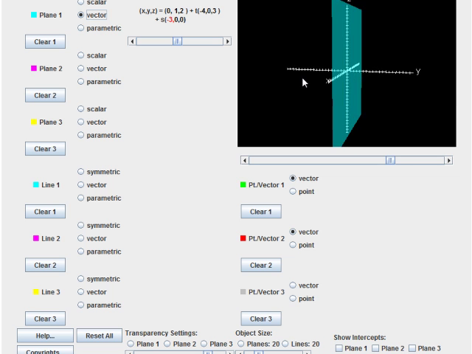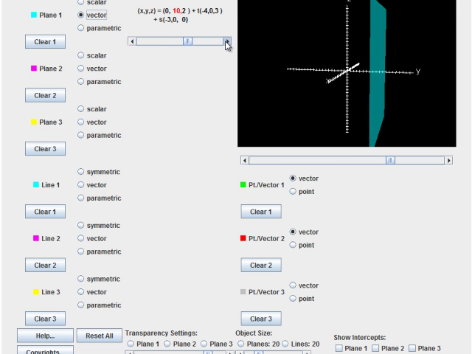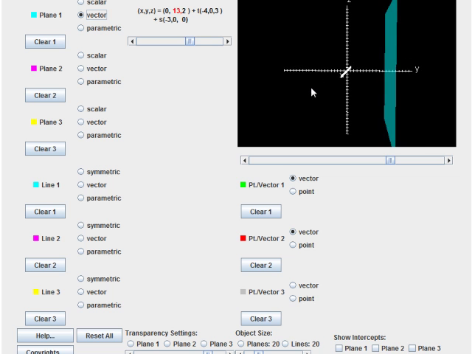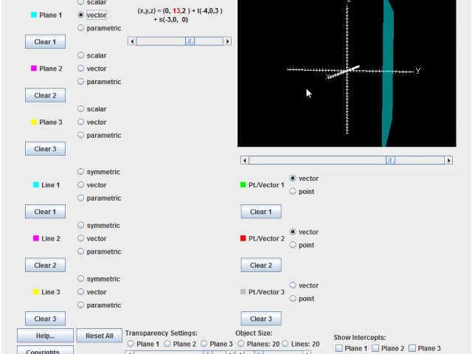Now I could change that point, and we could then see how the plane would correspond to that. So suppose I change the Y value of this. We see that as the Y value gets bigger, the plane moves further and further away from the origin, away from the XZ plane, corresponding to that Y value of the point that it has to go through.